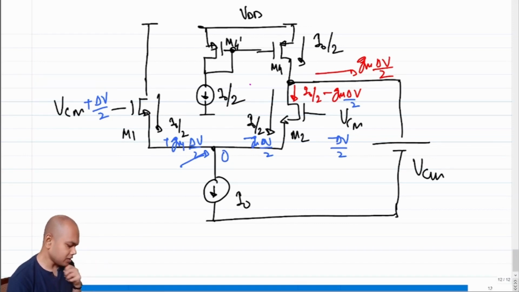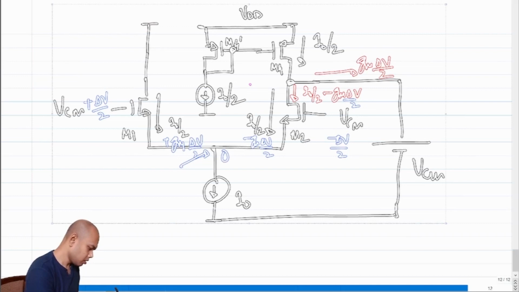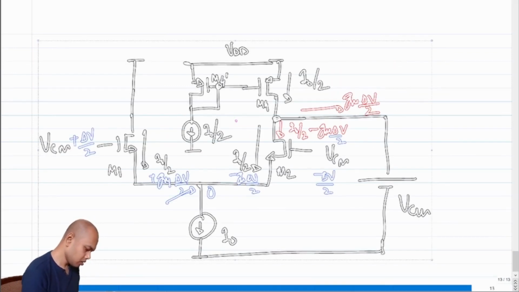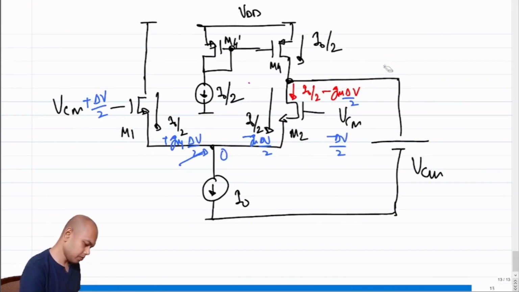So even before we ask the question, under quiescent condition, what do you think is happening? Let's go back to quiescent condition.